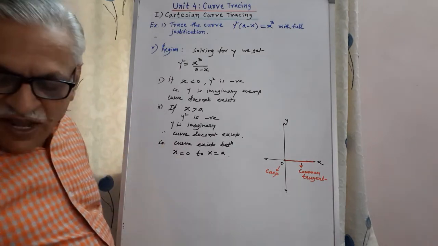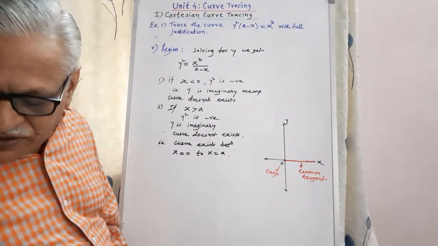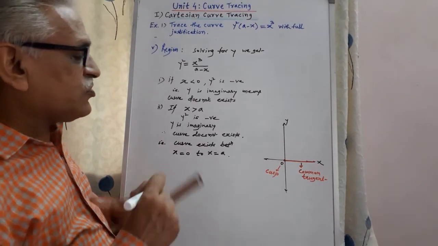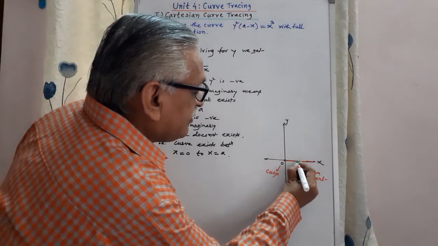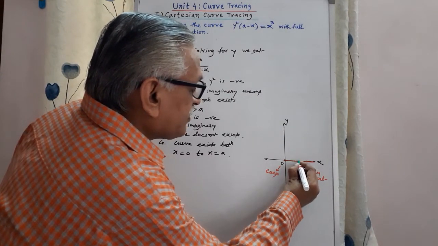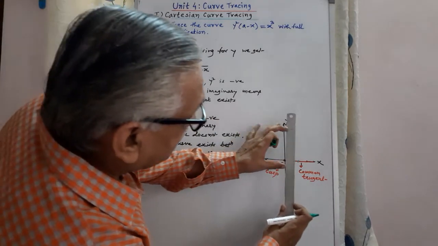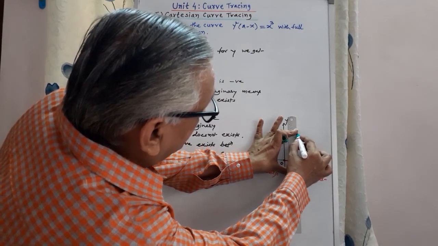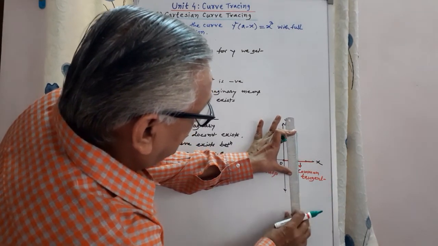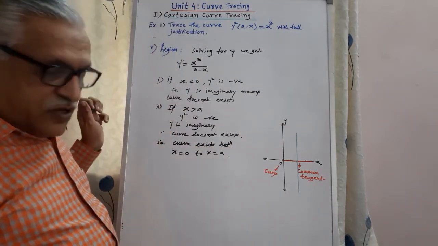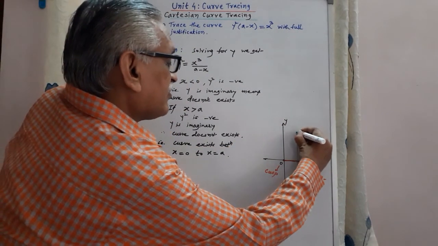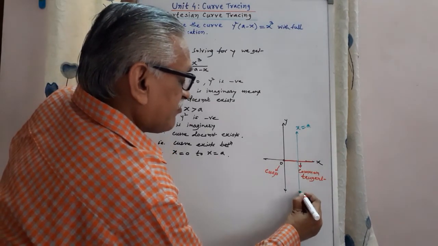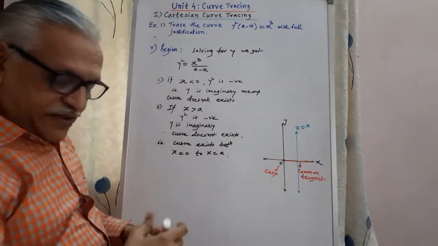Fourth point we have discussed asymptote, and asymptote here is the line x is equals to a. Therefore, we show that line, suppose this much distance as a, therefore this line x is equals to a we call as asymptote.